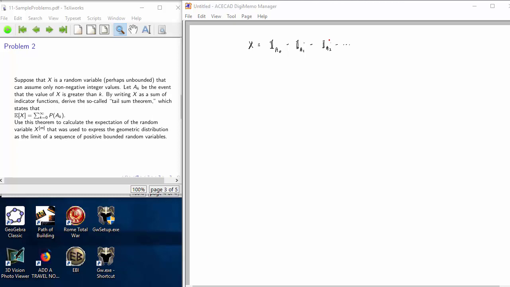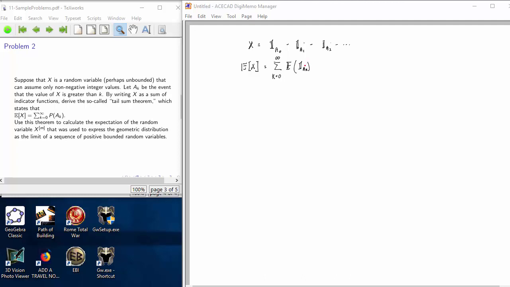So, now I'll calculate the expectation of x by exploiting the fact that the expectation of the sum is the sum of the expectations. So this is equal to the sum for k equals 0 to infinity of the expectation of the indicator function for event a sub k.